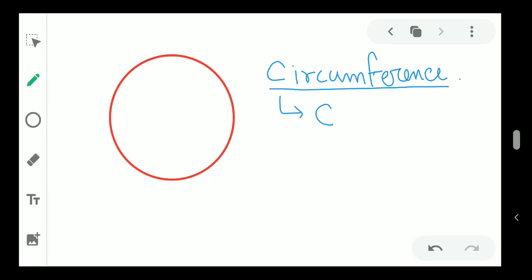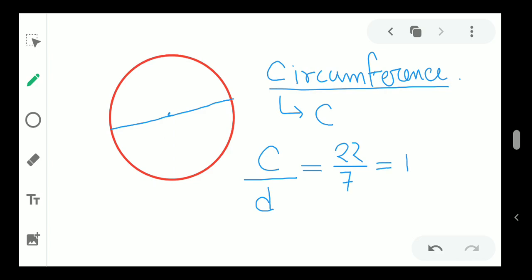So if you write this as c, Archimedes has seen that c by the diameter of any kind of circle is always a constant, and the value is 22/7. This value he has given the name pi.